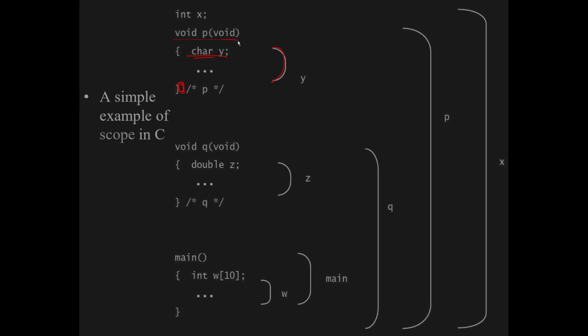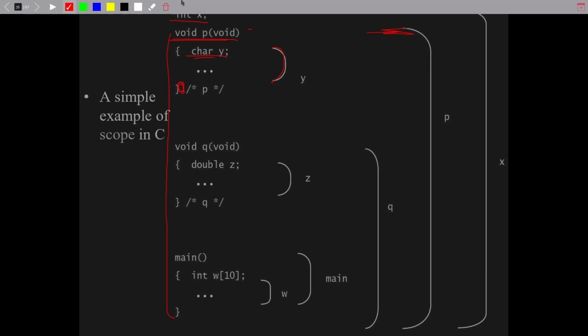Now, P as a function has a global scope in a sense, because after you declare it, you can use it anywhere after that, but not before that, and that's why the scope begins from the line on which it's declared.